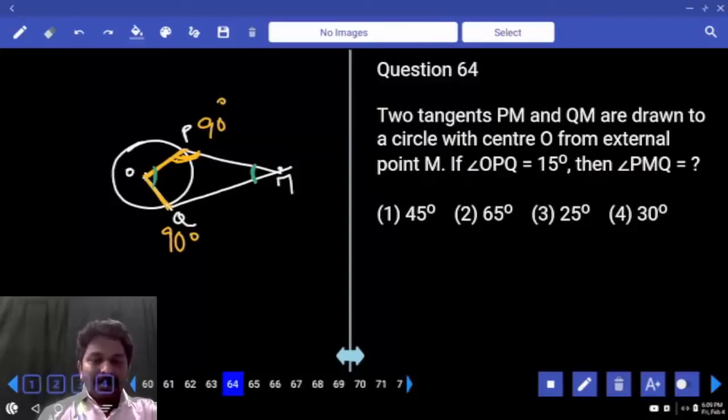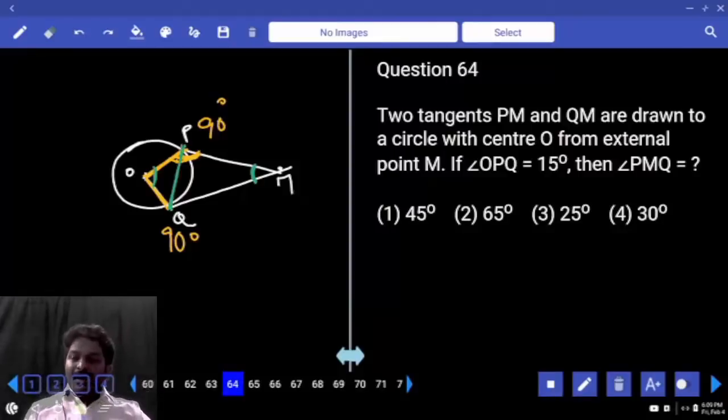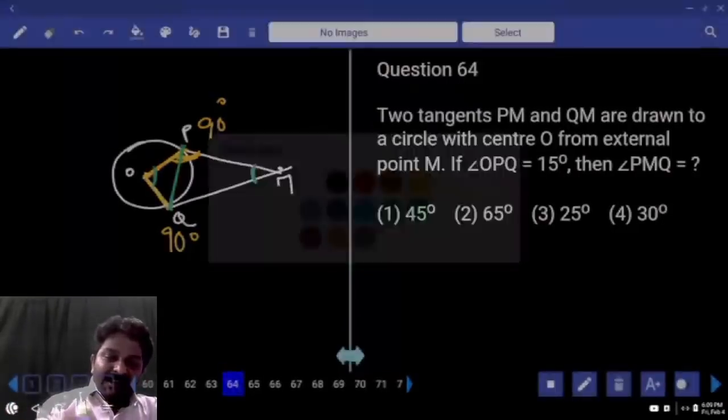So for that, let me join PQ. Now look at POQ. That's a triangle. Angle OPQ is mentioned as 15 degrees.